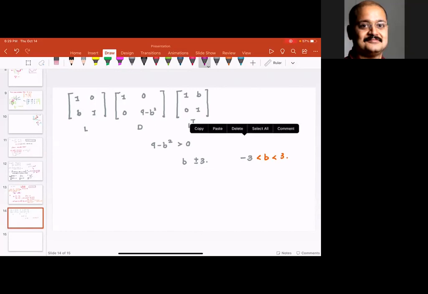But for my own satisfaction, let me solve one more problem. The second question is S equal to 2, 4, 4, and C. What needs to happen when you do the decomposition, either by hand or using MATLAB? MATLAB can do this, by the way.